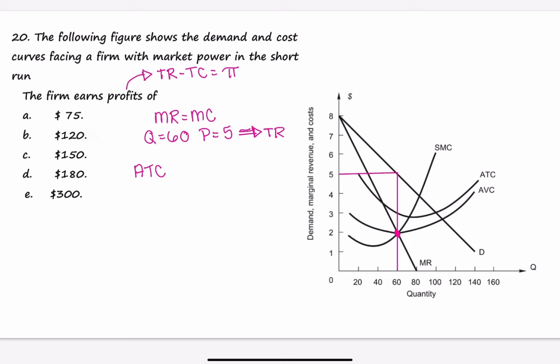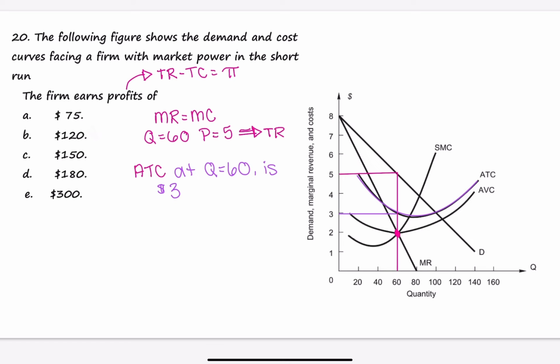So we're going to look at our average total cost curve, which is this purple curve. And when we do that, we see that it's at 3. So average total cost at Q equals 60, because we care about the same quantity, is $3.